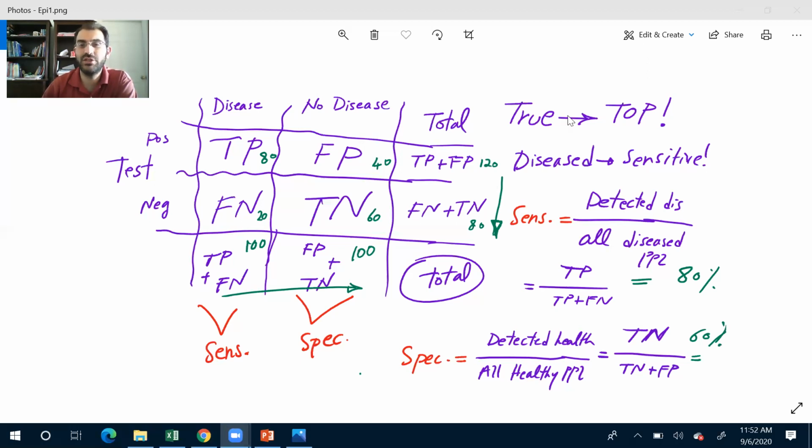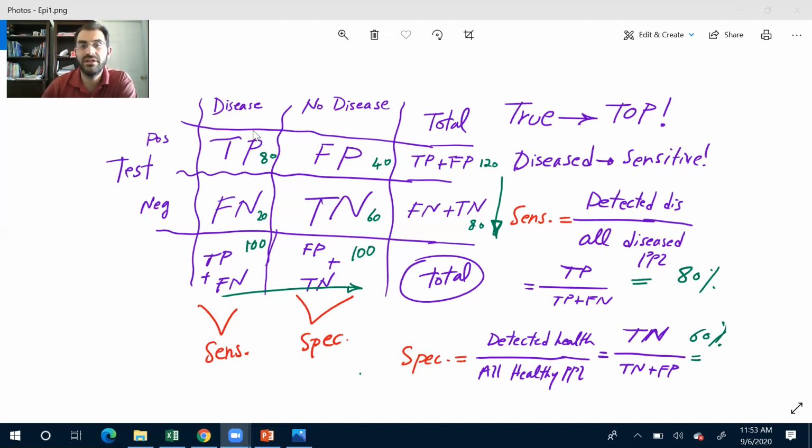True always goes to the top. What does it mean? What is my top square? True positive.